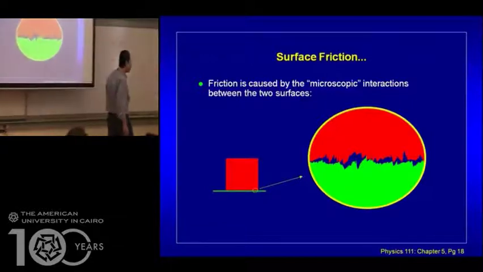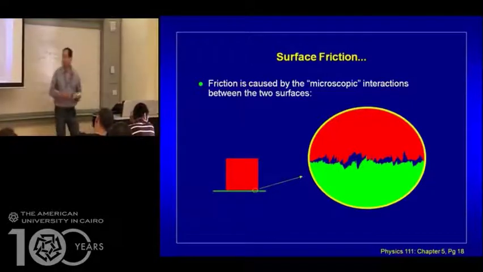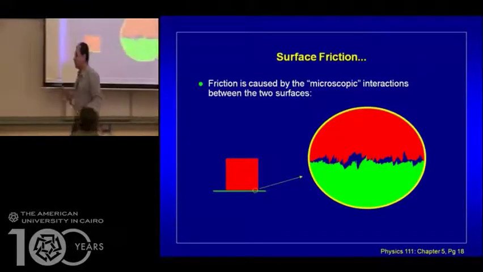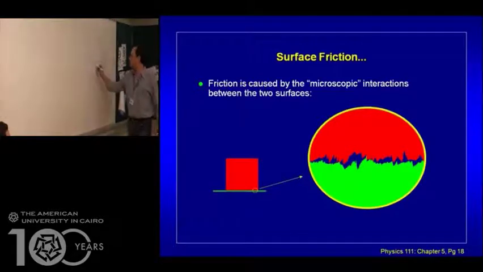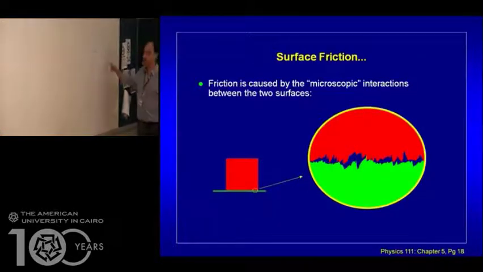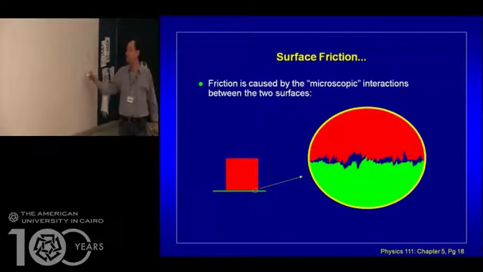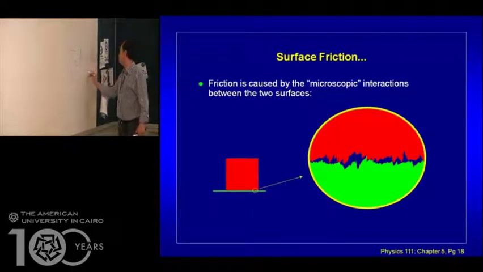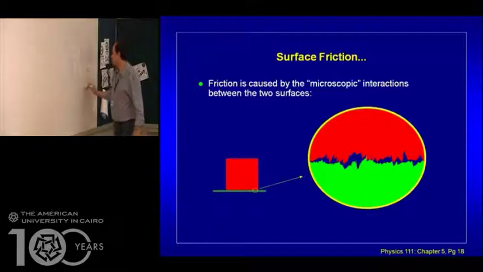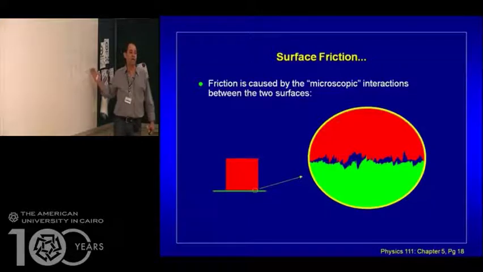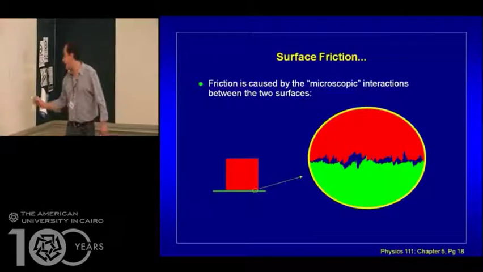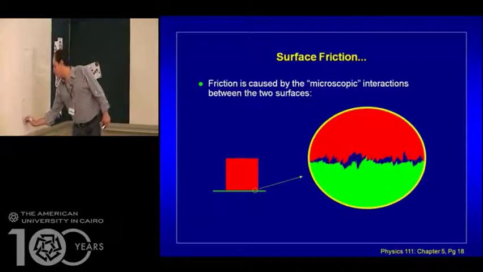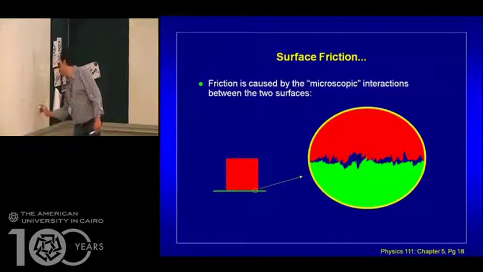Usually the frictional force is given by this, which is very important: frictional force equals the coefficient of friction, a constant, times the normal force. That coefficient of friction can be static if there is no motion, and it can be kinetic if there is motion.